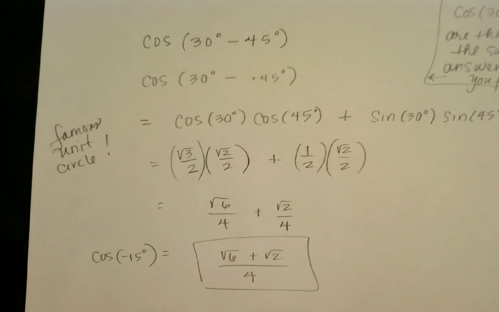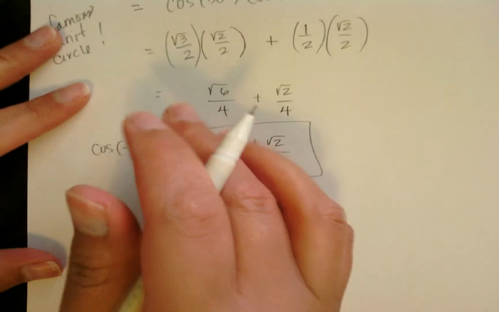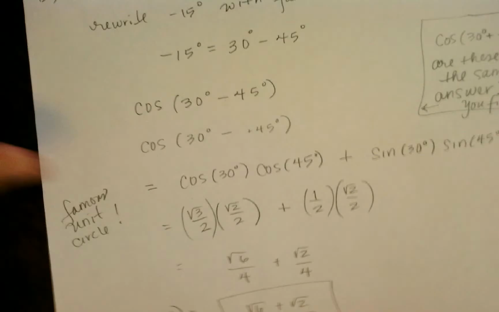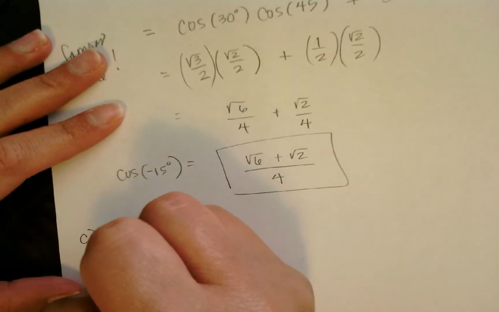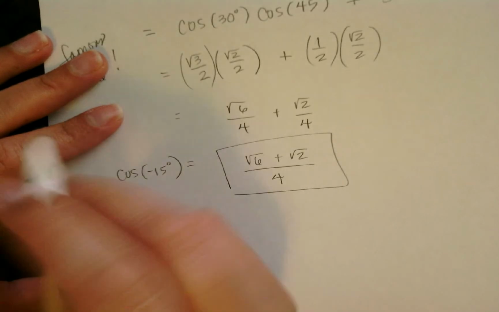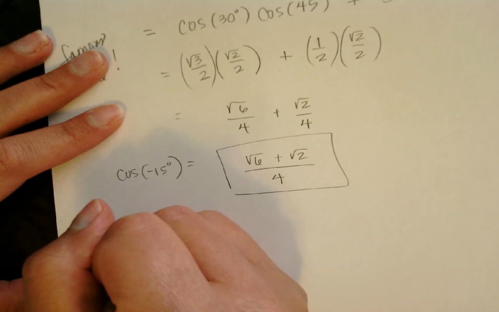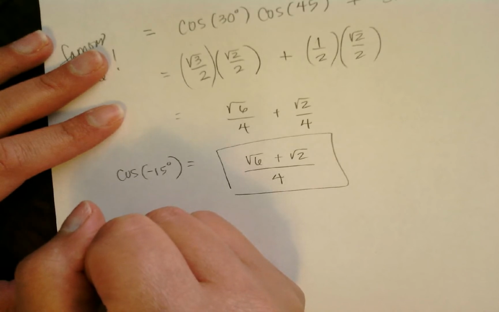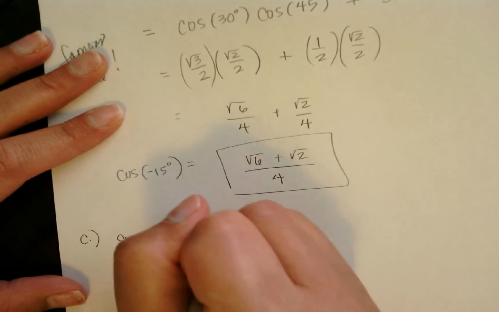Are you ready for the ones that are a little bit harder? So let me fix these directions. I'll label this B. The other one was A. Fine. Here's C. Sine of pi over 12.